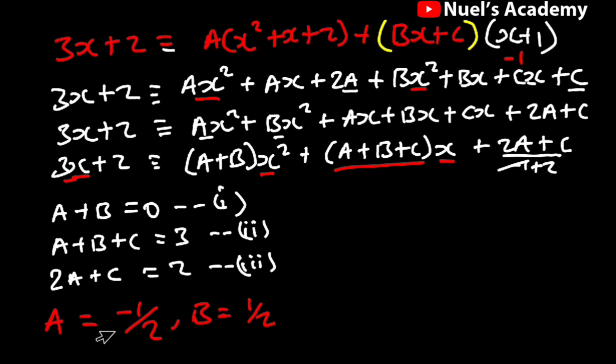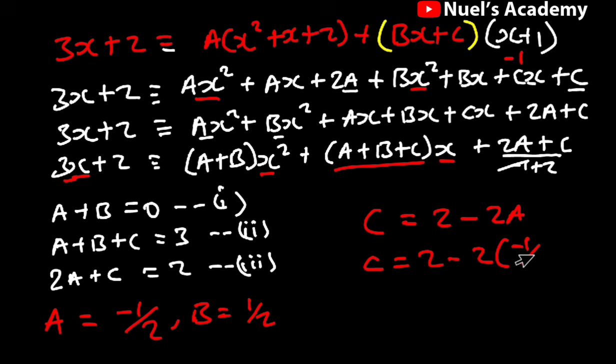Now, having gotten the value of a and b, let's use equation I to find the value of c, because we already have a. So let's make c the subject of the formula. If you do it, you see that c is equal to 2 minus 2a. Alright, so c is equal to 2 minus 2, a is equal to minus half.